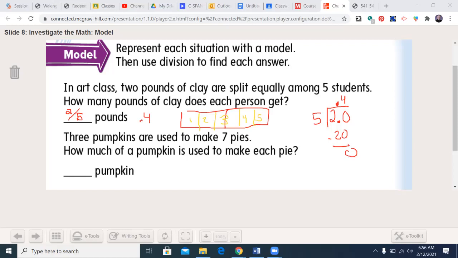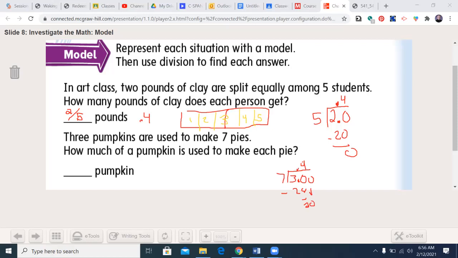These are equivalent. All right, there are 3 pumpkins used to make 7 pies. How much of a pumpkin is used to make each pie? So we can do the same thing. We're going to have 7 into 3. It's not going to work, so I'm going to have to annex zeros. And this could be an interesting one. So we start out at 4, 28. Let's go 7 times 4. Subtract, I get a 2. Annex another 0.